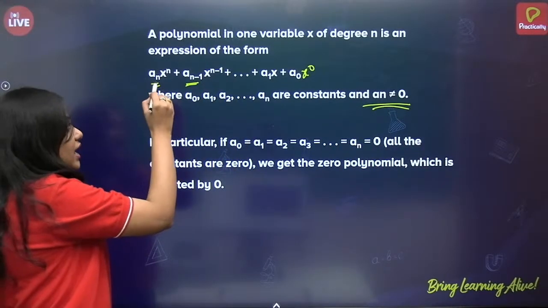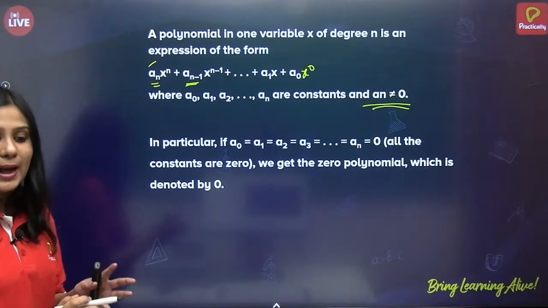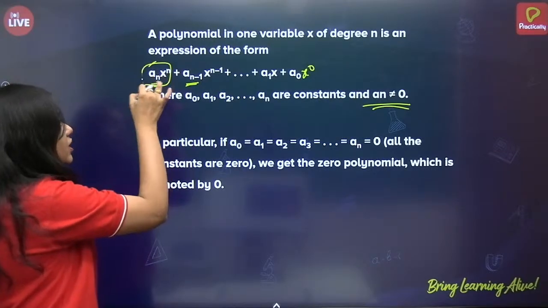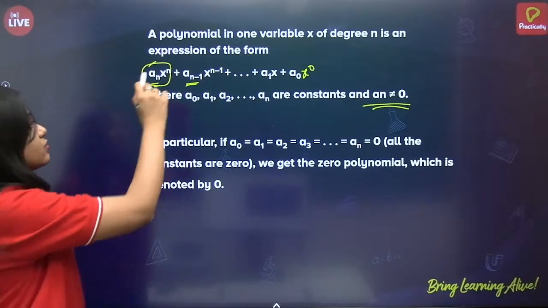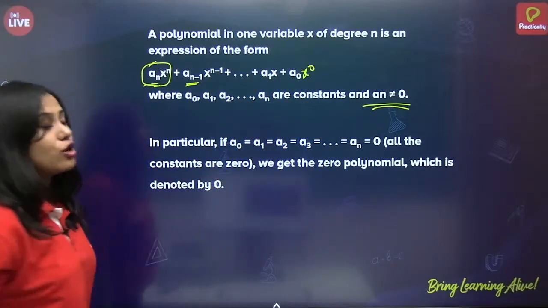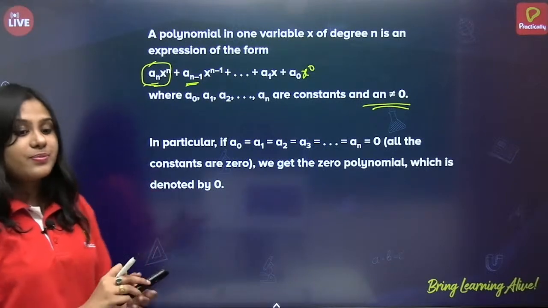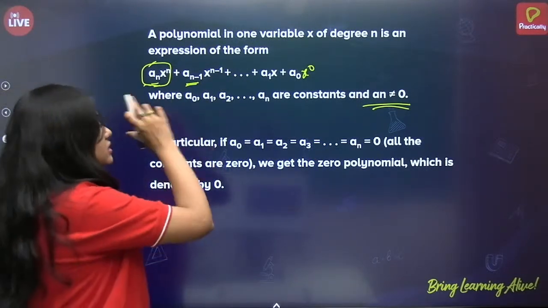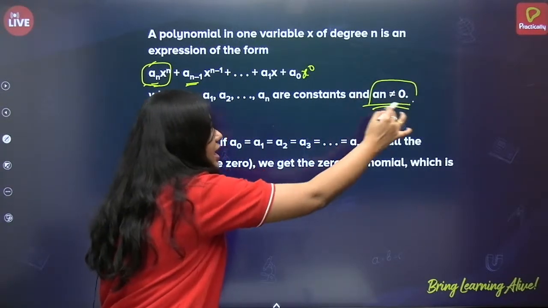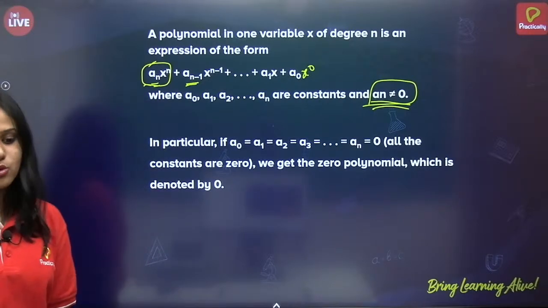If an is equal to 0, that term will be 0 and this will not be a polynomial in variable x of degree n. That is why the condition is an not equal to 0.